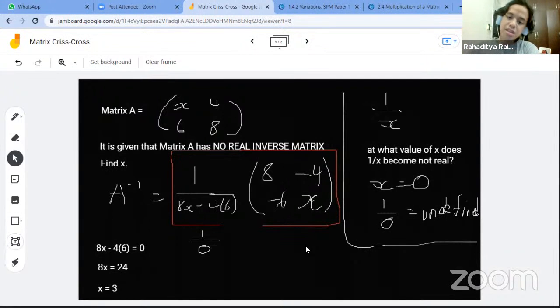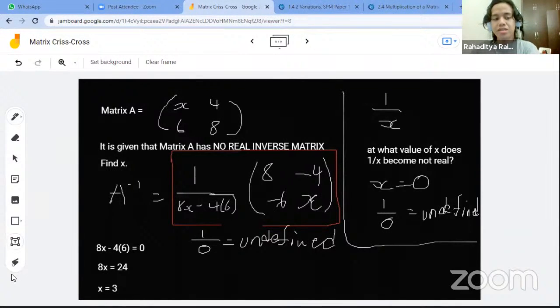No questions. Okay. So just remember anything divided by 0 is undefined. Since there's no real inverse matrix, you have to make this equal to 0 so that it doesn't happen.